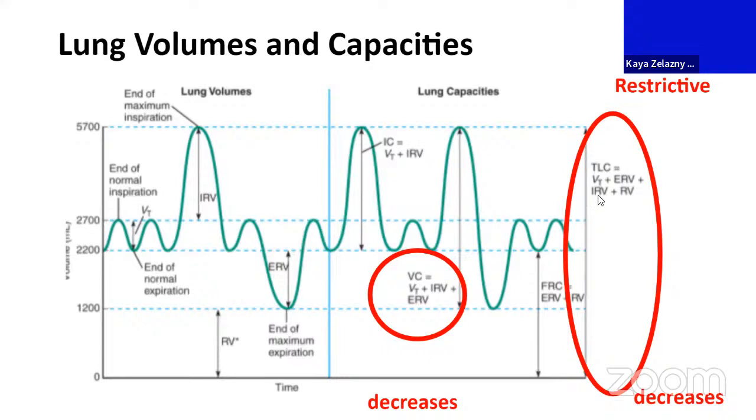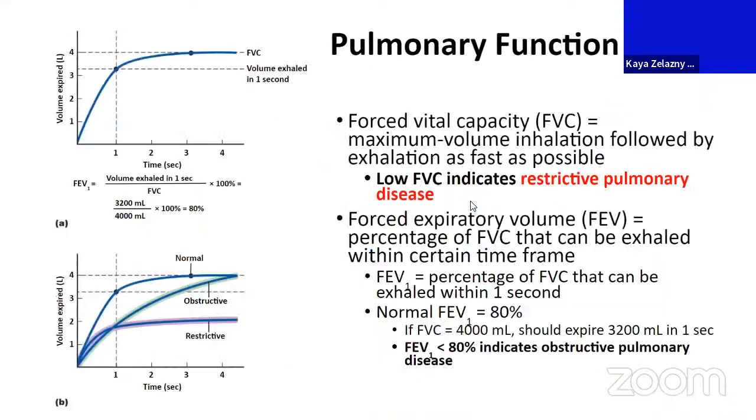Okay, so we see a decrease in our total lung capacity, because basically we're no longer able to fully expand the lung because it's too hard. It takes too much of a difference in pressure. Our muscles can only work so hard. Our rib cage can only expand so much. Our vital capacity, the amount of air that we can in total move, is also decreasing at the same time, partially now because we can't inflate the whole thing.